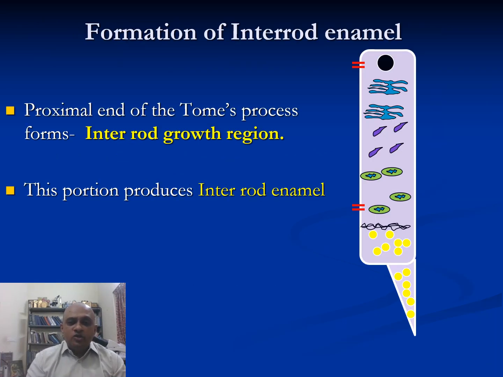So the proximal part of the Tom's process forms the interrod enamel like this. Around the proximal part, the enamel matrix will be secreted, and this enamel that has been secreted forms the interrod enamel. The enamel matrix will be secreted around the proximal part of the Tom's process in a cylindrical way.